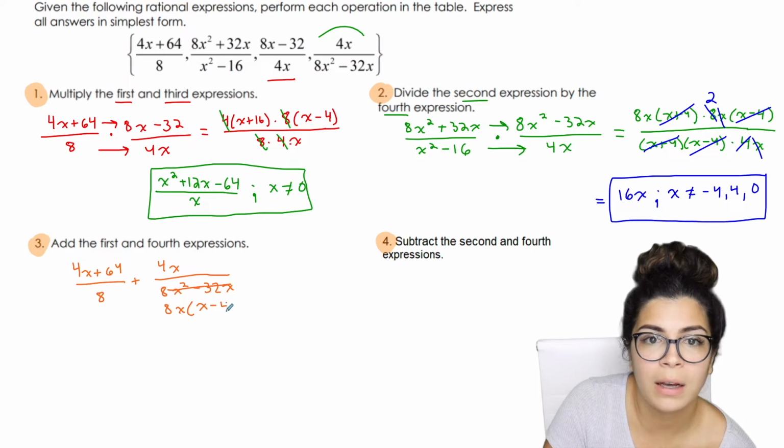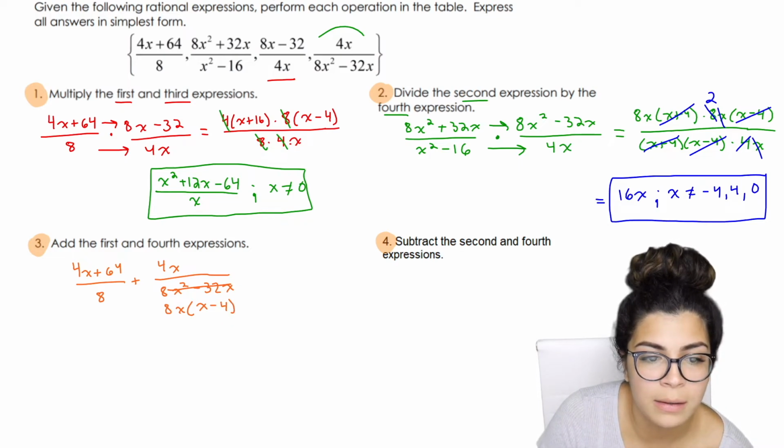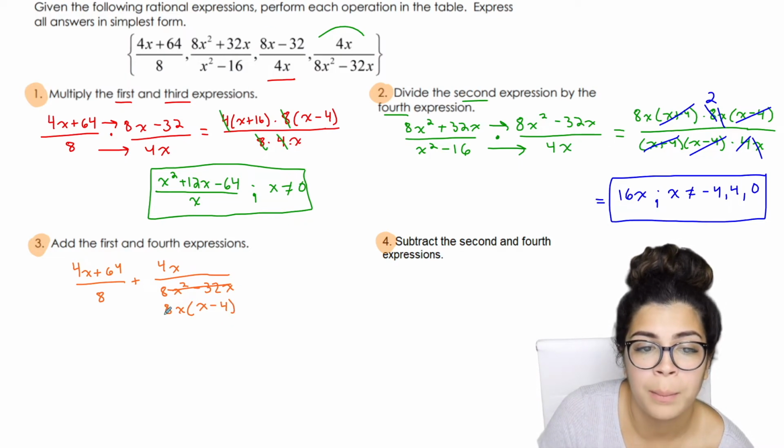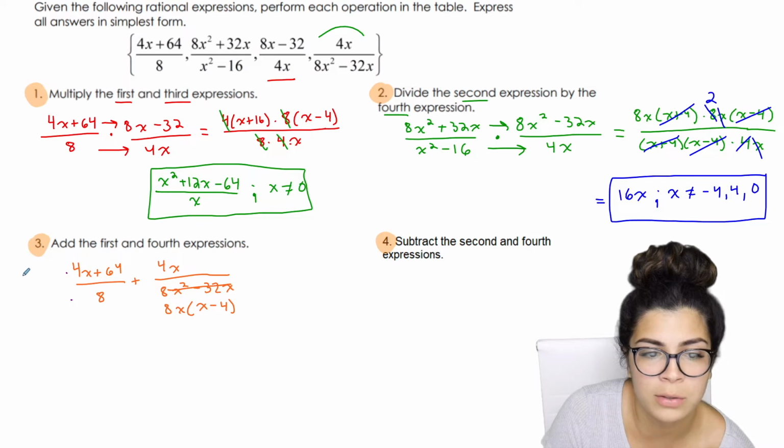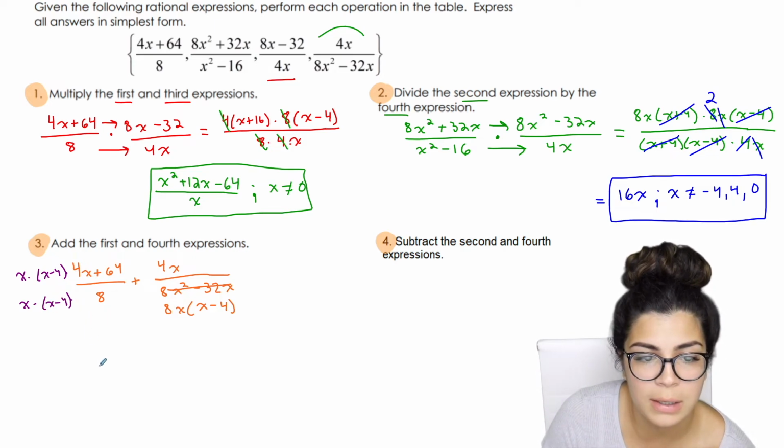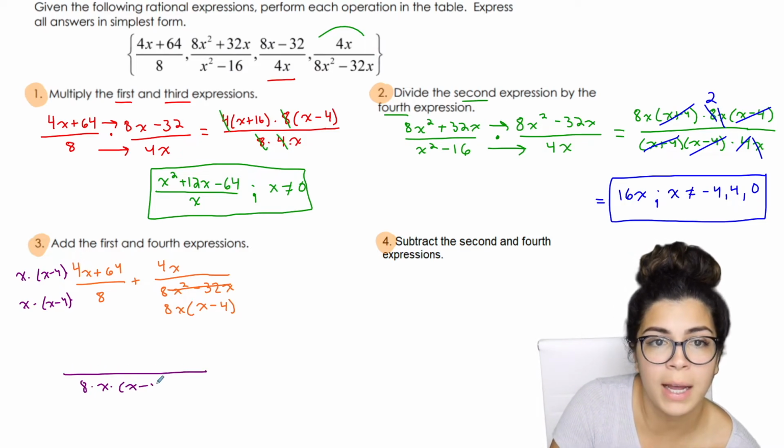So we have a copy of 8 that is already on both, but for this first expression, we're missing x as a factor, and we're also missing x minus 4 as a factor. So we have to multiply that in. Now the denominator for both fractions is 8 times x minus 4, and the numerator we would just add, right?